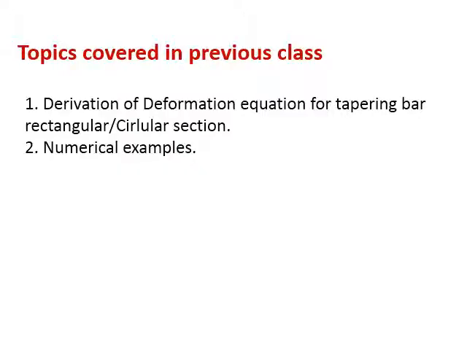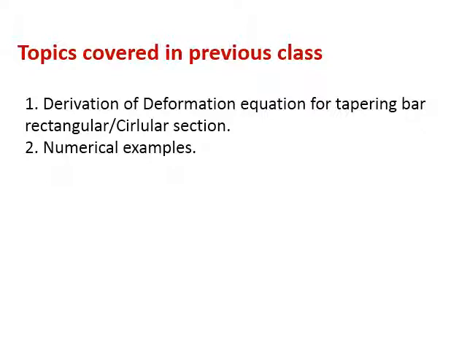So let's check out the things which we have covered in the previous session. In the previous session, we derived the deformation equation for tapering rectangular and tapering circular sections, right? We also solved numerical examples on them.